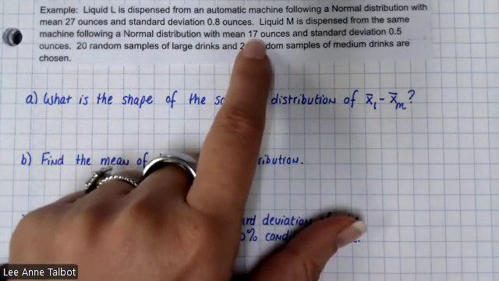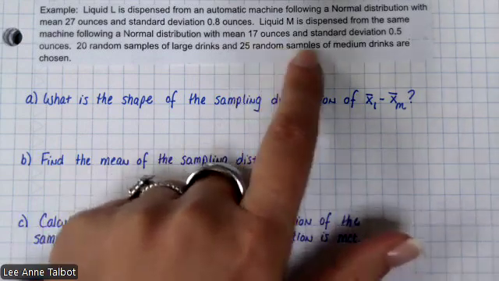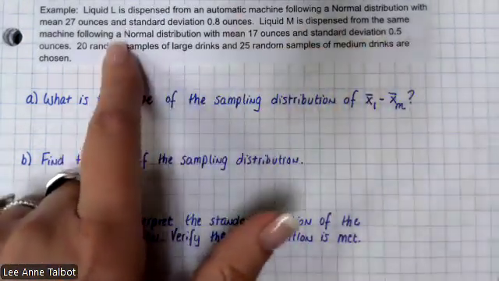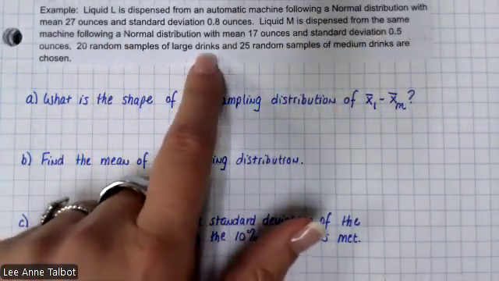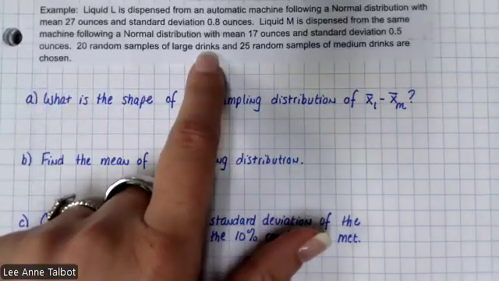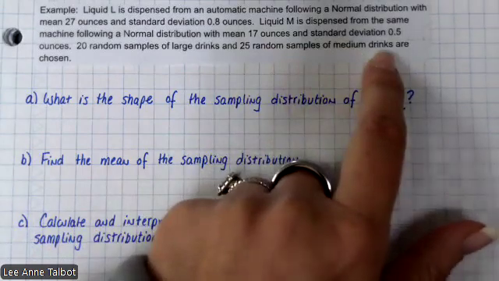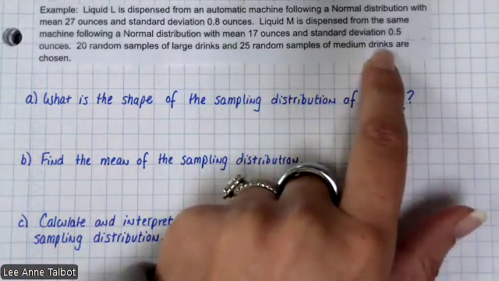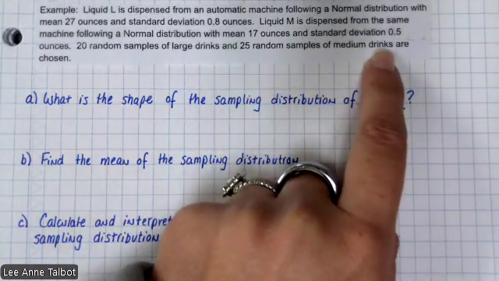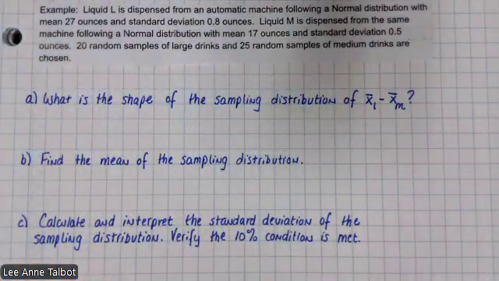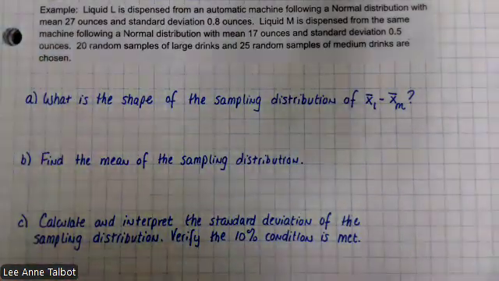Oh, that's not nearly enough Diet root beer. And standard deviation 0.5 ounces. 20 random samples of large Diet Cokes and 25 random samples of Diet Root Beer are chosen. What is the shape of the sampling distribution?